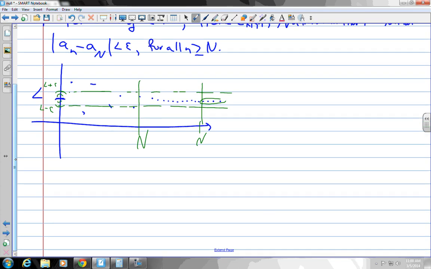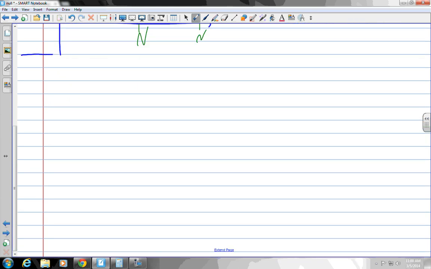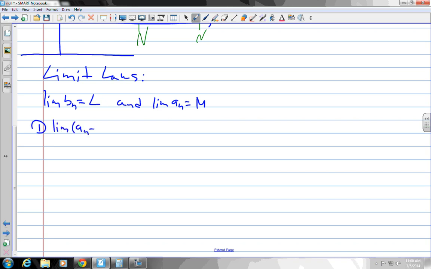Now, the limit laws are identical to calc 1. Let's say the limit of Bn equals L and the limit of An equals M. Then you have the following. The limit of An plus Bn is the limit of An plus the limit of Bn, so that's L plus M, just like in calc 1, provided that those two sequences converge already.